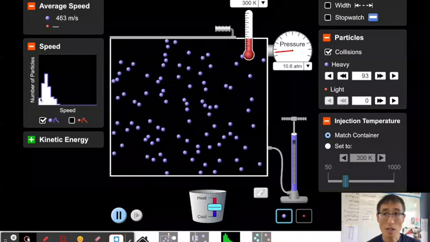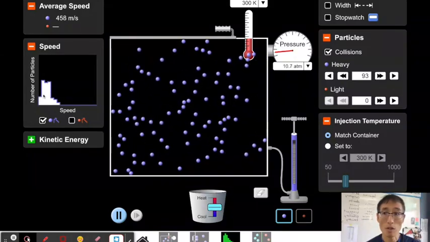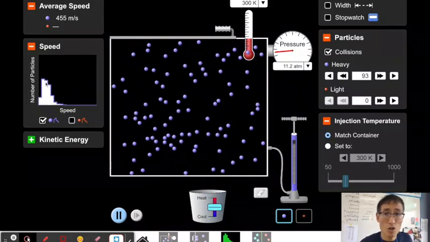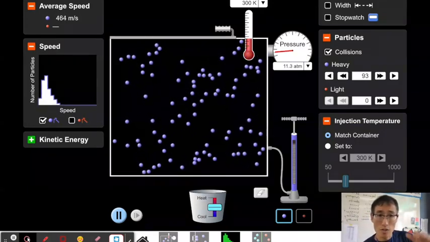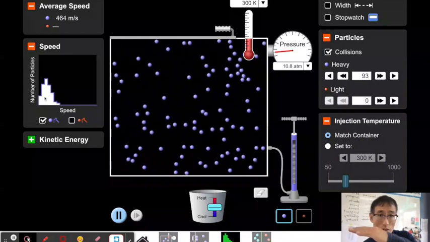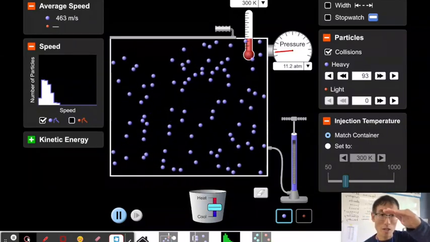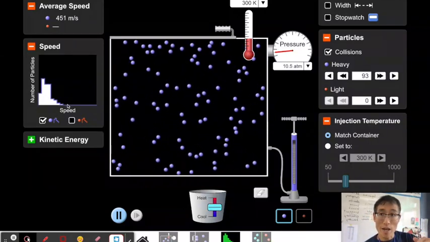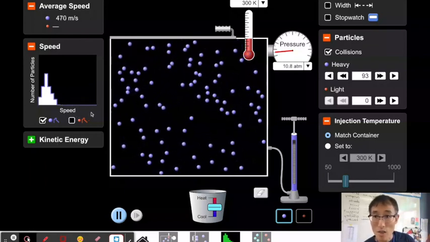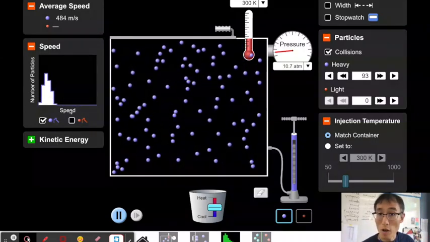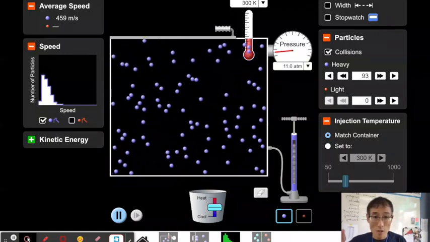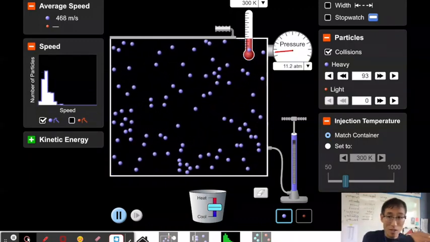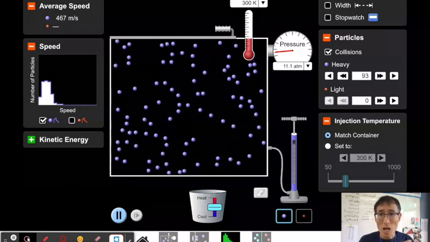So as I go from left to right on the graph, there's a few, and then it goes higher. There's a little bit more, and then there's fewer, and fewer, and fewer. And if I look out here, there are no particles that are really fast. So the graph goes up like this, comes down like this, and this is called a distribution.